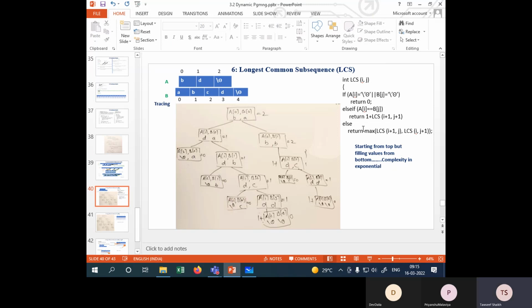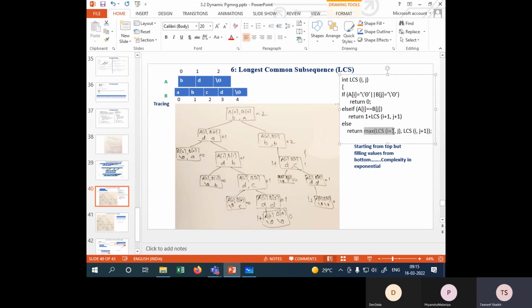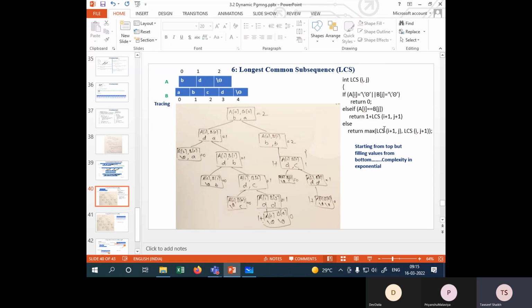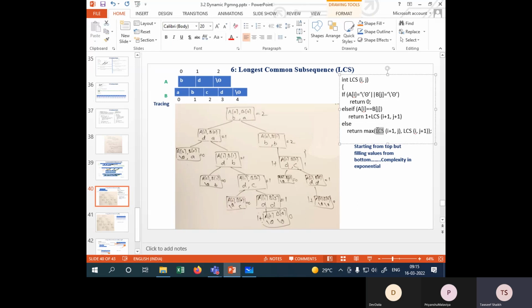So it will go to this part, else return the maximum of, just go and make a recursive call. Recursive call of what? Again for the longest common subsequence, just increment i by 1. So i was initially 0, it will get i plus 1, which means 1. But don't increment j. So it will be LCS of 1, comma 0. That's what I am writing here, A of 1, comma 0.